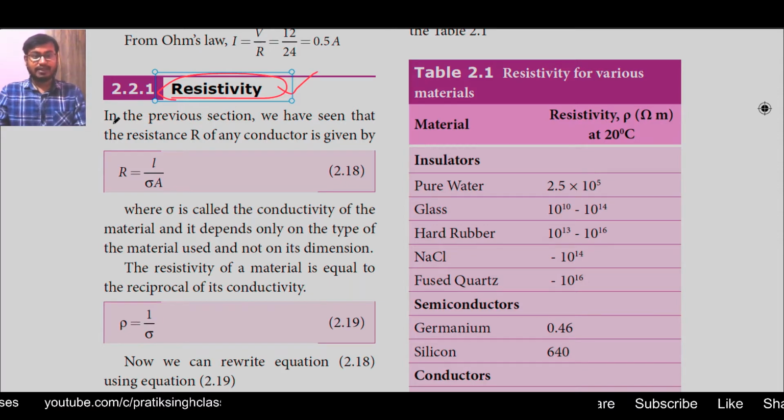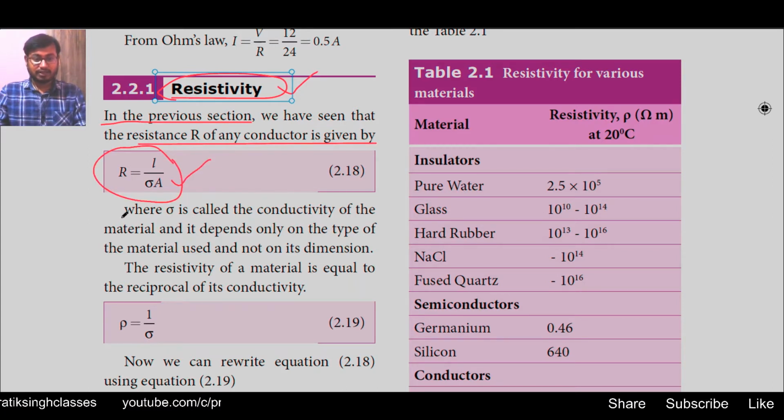Let us start. In the previous section, we have seen that the resistance of any conductor is given by R = L / (σA). Please remember the terms given here. What is the meaning of L? What is sigma? What is A?